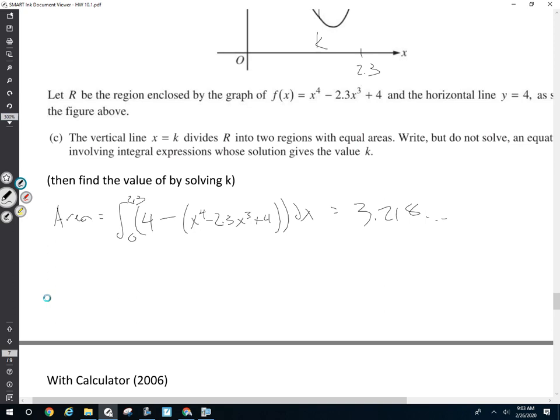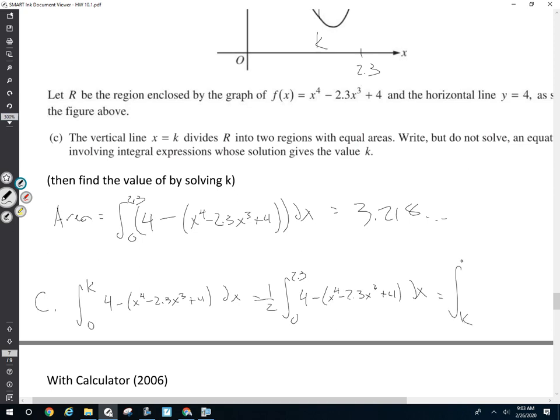If I were to do part C without having to find the value, I would have done this: 0 to k of the top minus the bottom equals either 1/2 this or k to 2.3 of that.